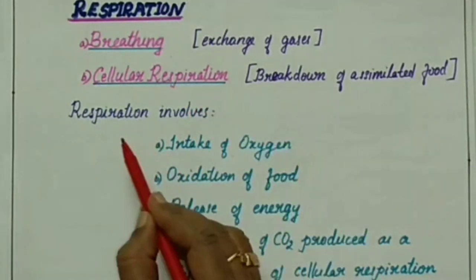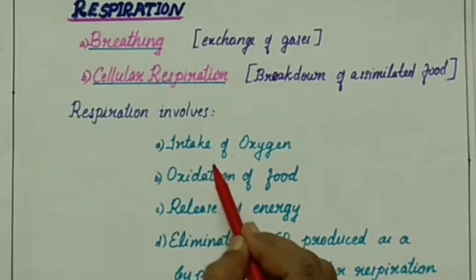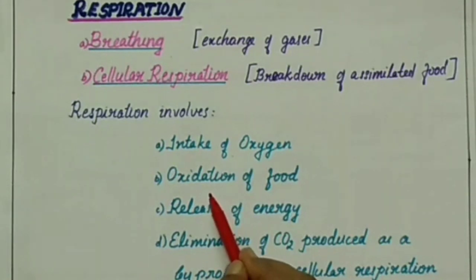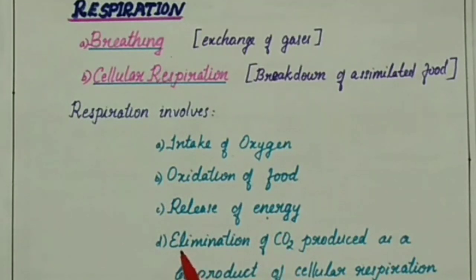So now, respiration involves the following steps. The first one is intake of oxygen. The next step is, in the cells, oxidation of food takes place, and the next step, as a result of oxidation, release of energy takes place, and the next step is, as a result of release of energy, carbon dioxide is produced as a byproduct, and this carbon dioxide is eliminated from our body.